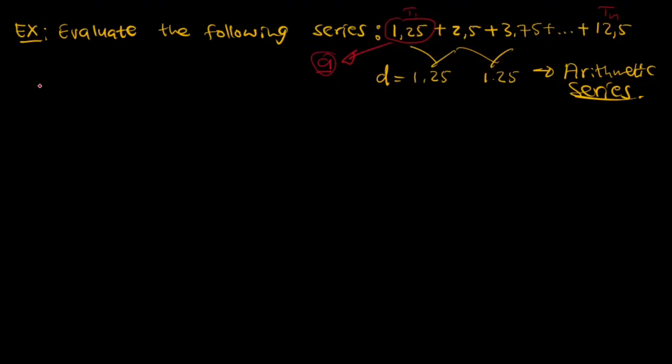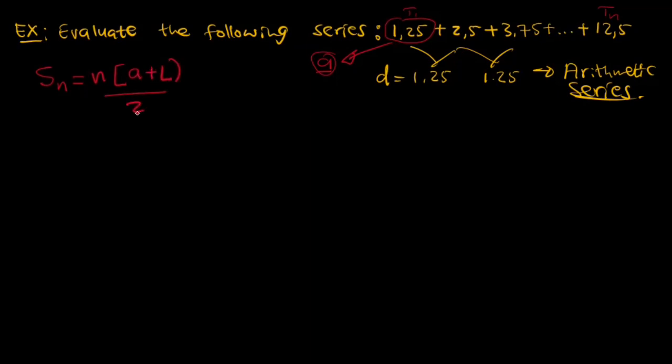Now, we know that this is an arithmetic series, right? As a result, I'll say Sn equals n over 2 times (a plus l).